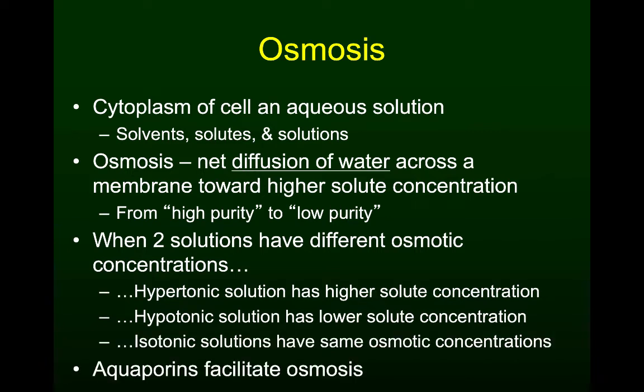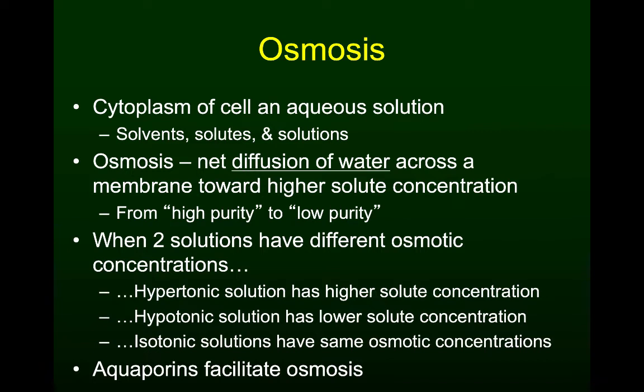All right. Now, because water is a partially charged molecule, it's polar, it's hydrophilic by definition, it is water, it's not able to cross a phospholipid bilayer. So in reality, when water moves across a membrane, it does so in a form that looks kind of like facilitated diffusion, where water uses what are called aquaporins to move across a membrane. For example, our kidneys are made up of roughly 1 million or so nephrons.